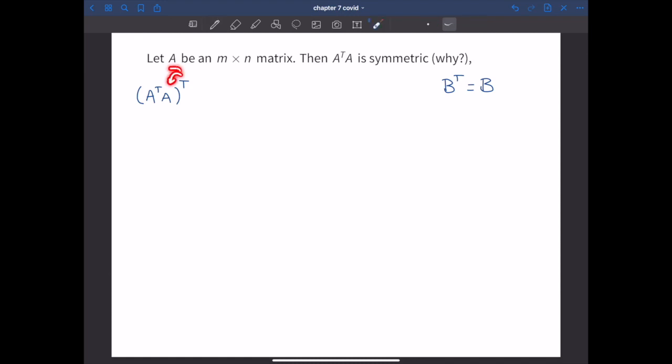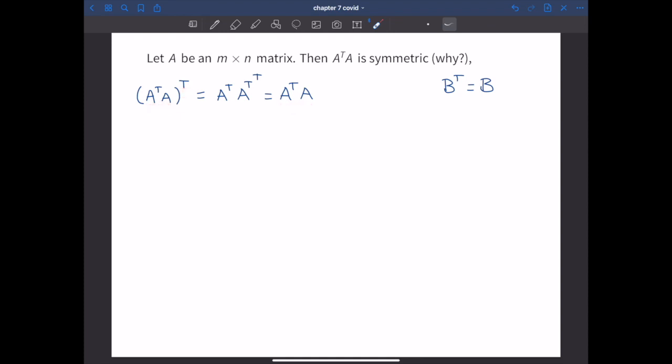I can bring the transpose in, but remember I have to swap the order. So this becomes A transpose times A transpose transpose. But of course, A transpose transpose is just equal to A again. So we took the matrix A transpose A, we took its transpose, and we just got the original thing back. Therefore, it has to be a symmetric matrix.